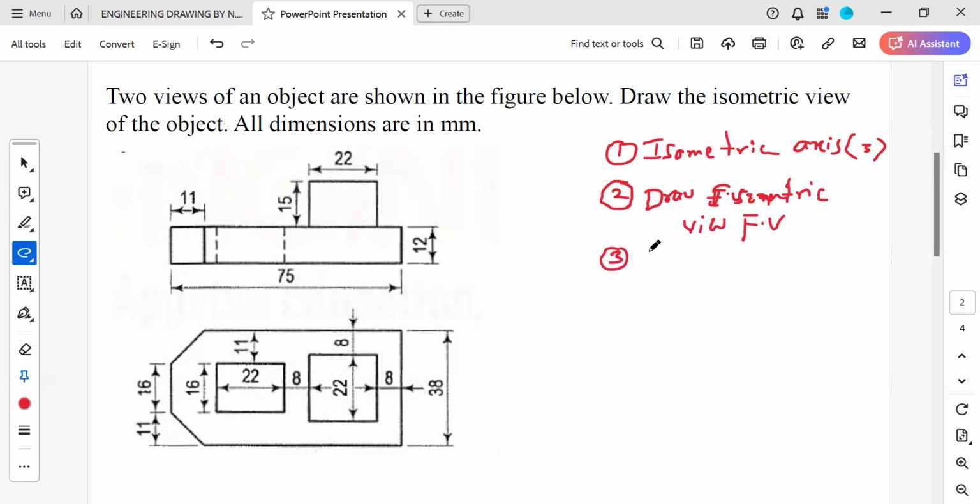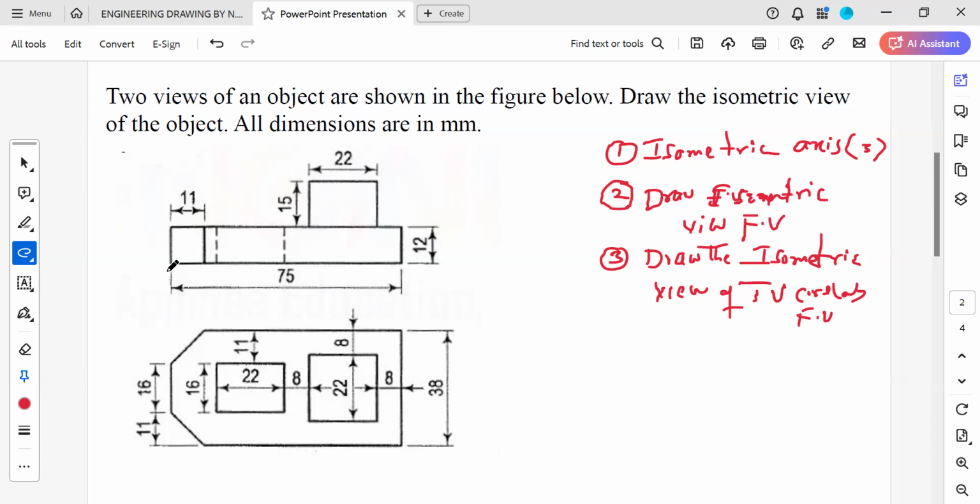Third one is draw the isometric view of the top view, correlating with the front view. By correlating with the front view, we need to draw the top view of the isometric view.